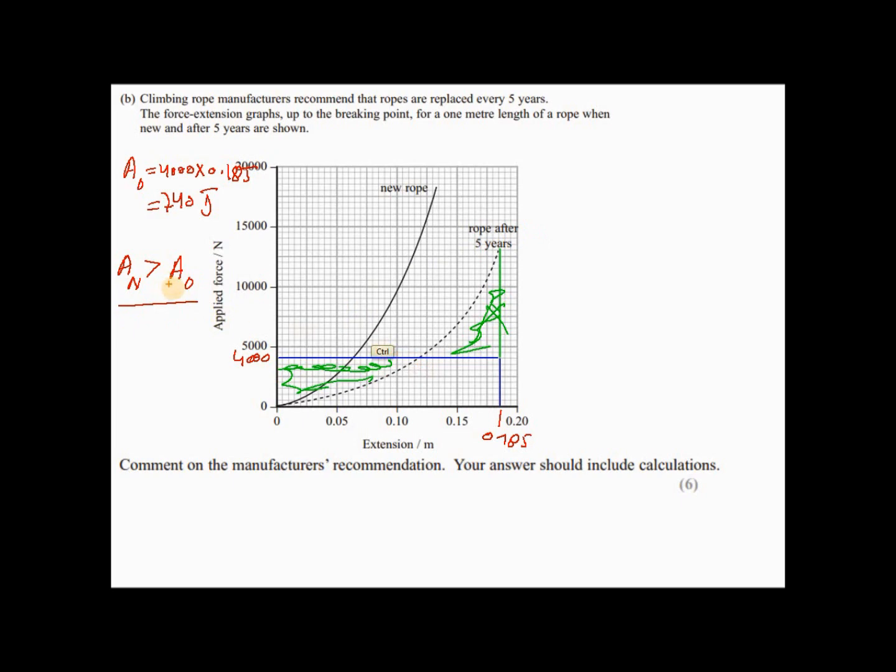Moreover, it's just not about the area absorbed, but we also need to find the amount of force needed to break the rope. So for the gradient, you have two choices. You can choose a point anywhere on the graphs and then find the gradient, or you can choose a single point and compare the gradient of the two ropes for the same amount of force.